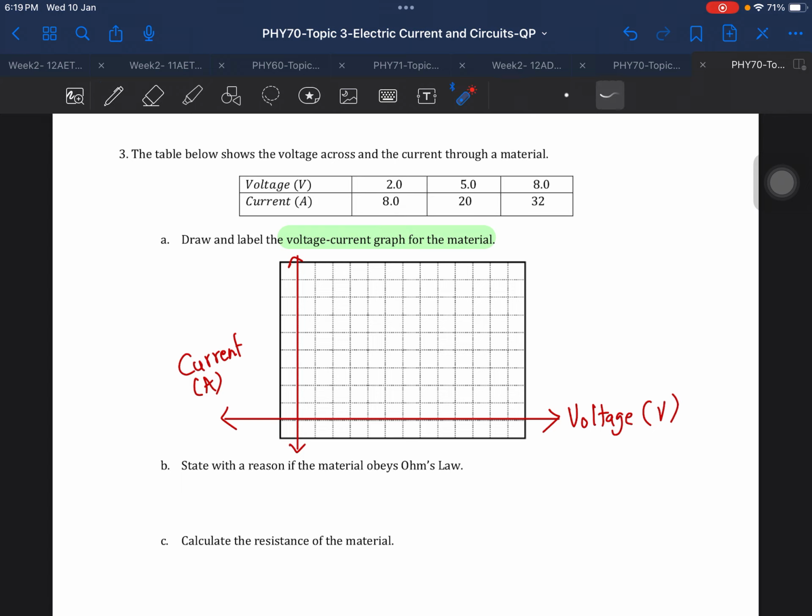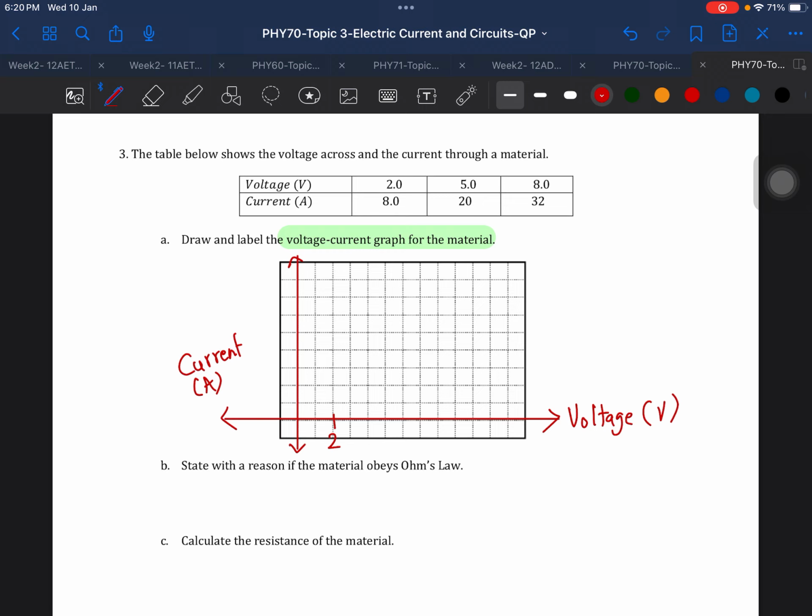So on the voltage axis we have these numbers. In order to plot them, we can take 1, 2, 3, 4, 5, 6, 7, 8. If I take it like this, I will be able to get all the numbers on my grid. So I'm going to label it. I'm not writing each and every one of them.